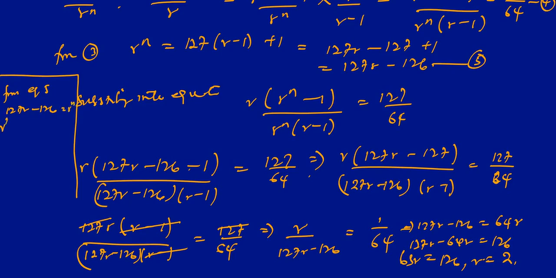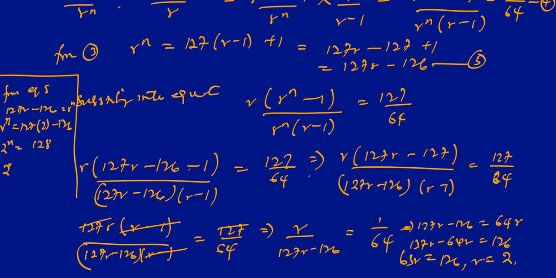That means R raised to the power of n will be equal to 127 multiplied by 2 minus 126. Let's do the multiplication: 127 times 2 minus 126 gives 128.